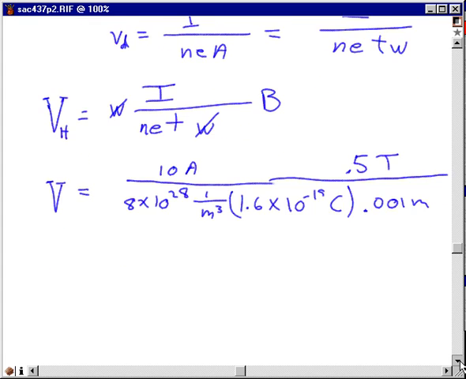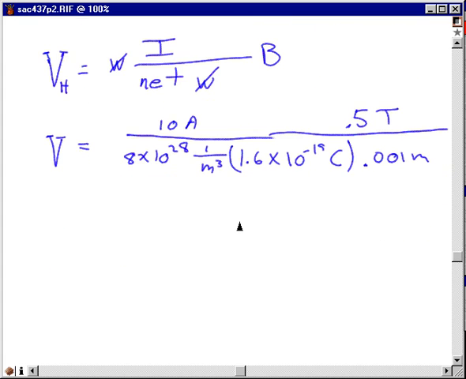Let me take a look at these units first. Got a Tesla, first off, amperes times Tesla, where a Tesla is a Newton per amp meter. And then we've got 1 over meters cubed in the denominator, which is the same thing as meters cubed upstairs.